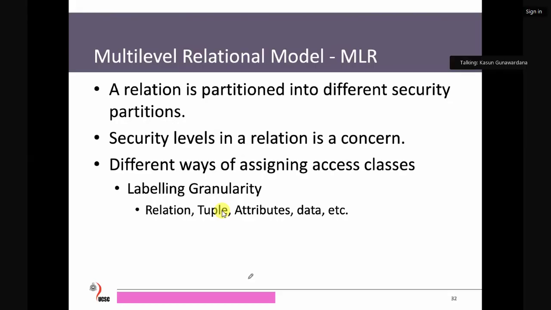Therefore, we can say that a relation can be partitioned into different security partitions. Security levels in a relation is a concern because it can contain many different levels.